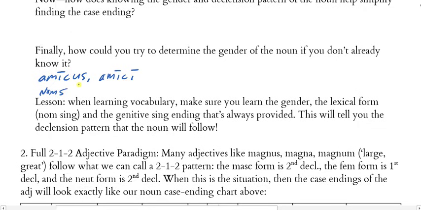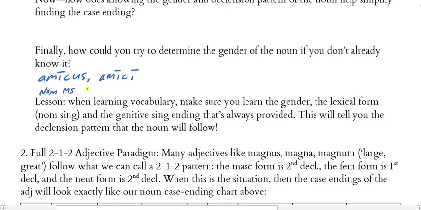So the US followed by the S is the nominative masculine singular case ending. And that's how we're going to be able to guess when we don't know the gender. Okay, nominative masculine singular. So if my nominative form has an us ending, that's nominative masculine singular, and it follows the second declension.